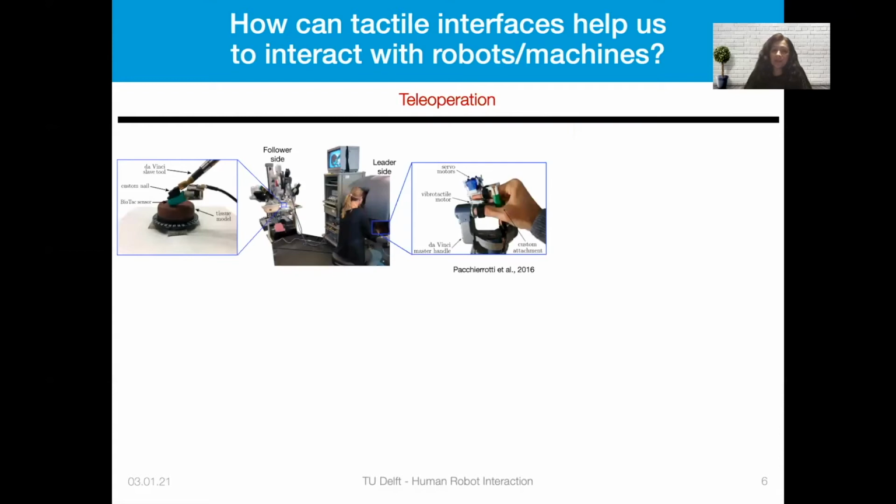For example, here there is a surgeon who does a minimally invasive surgery to a patient using a Da Vinci robot, and in the commercial parts of these robots, they don't deliver haptic cues to the surgeons. There is a leader side where the surgeon controls some tools by using their own visual cues, and they control the robot in the follower side.